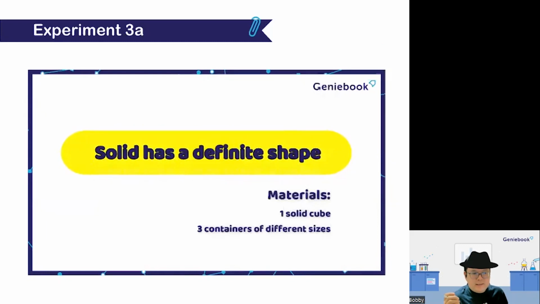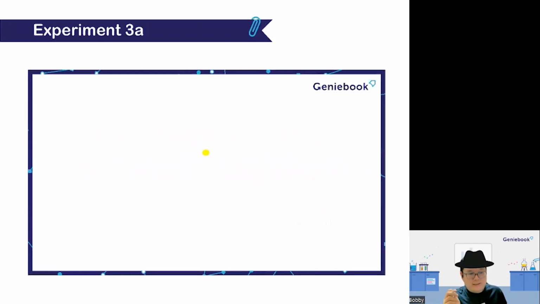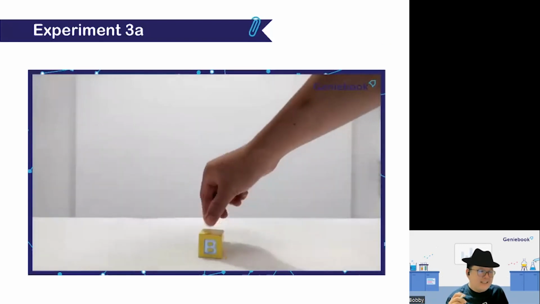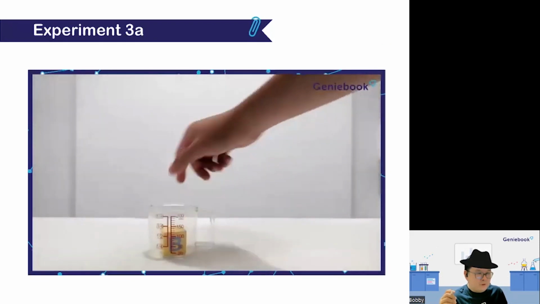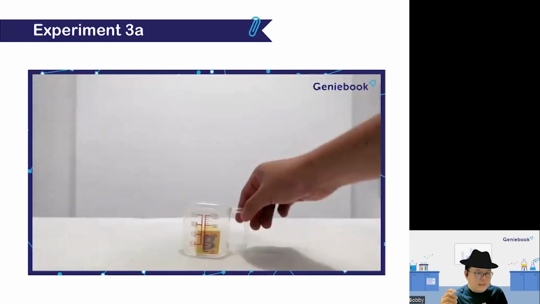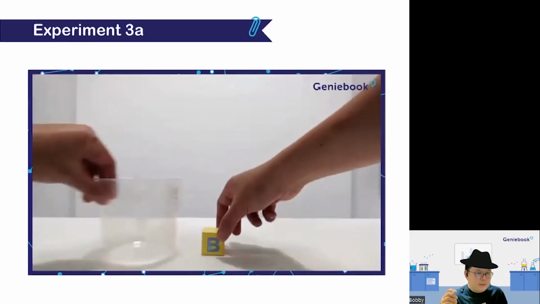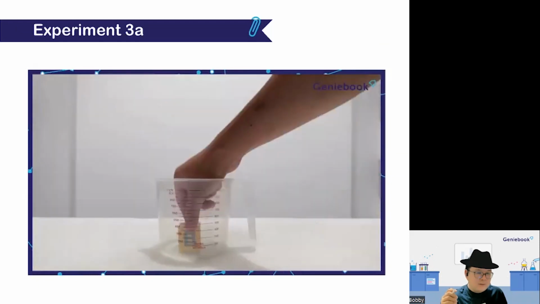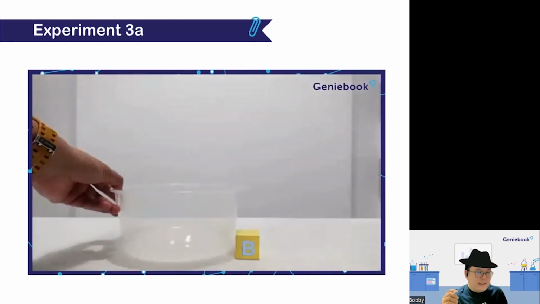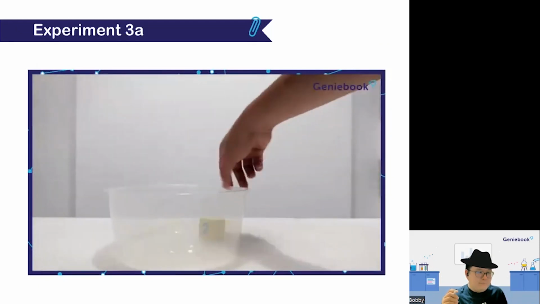So solid has a definite shape. We are using one cube and 3 different containers. This is like FBI, yes. We have this hand putting the cube in different containers, like a measuring jug, a bigger measuring jug, and then the basin.